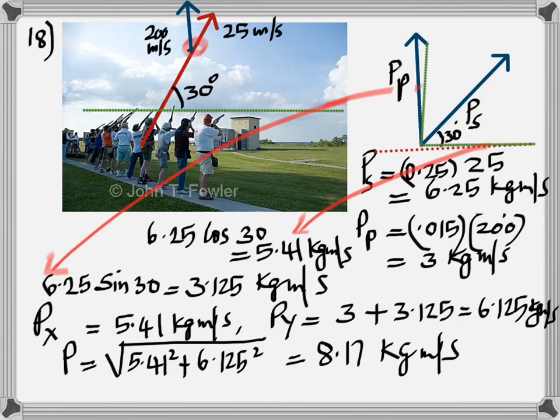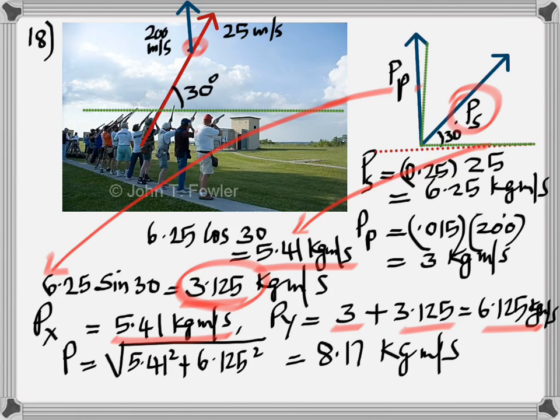Now, resolving the momentum of the skeet, you get the horizontal as 5.41 and the vertical as 3.125. So when you take the total horizontal component along the x, there's only one, 5.41, but along the y you have the momentum of the pellet plus the vertical component of the skeet's momentum. So you get a total of 6.125.